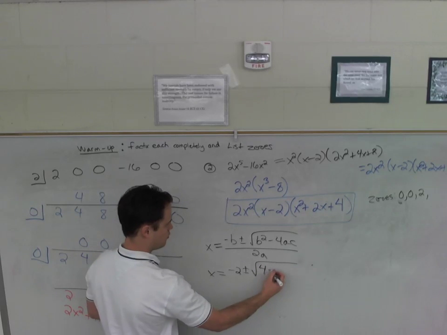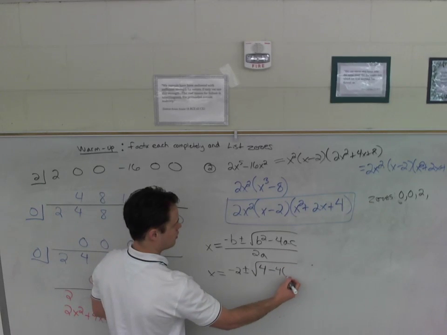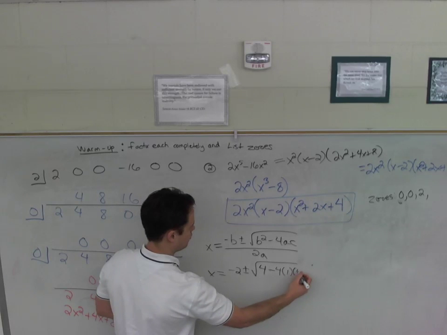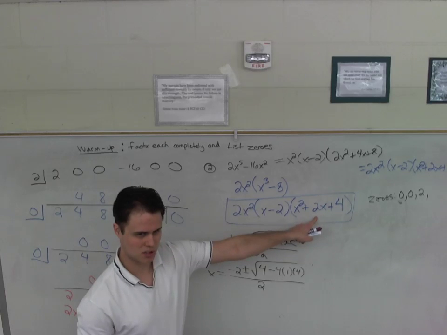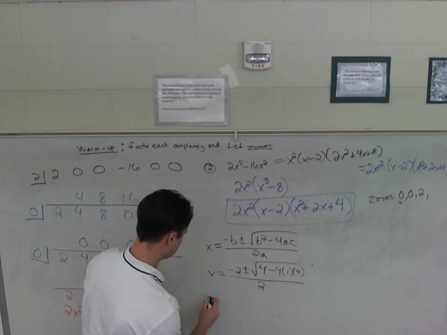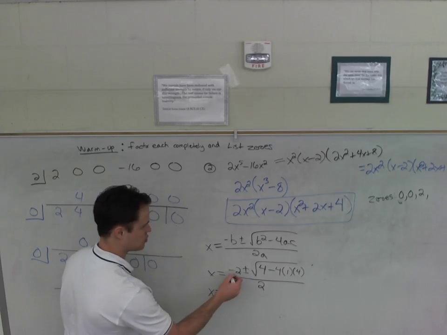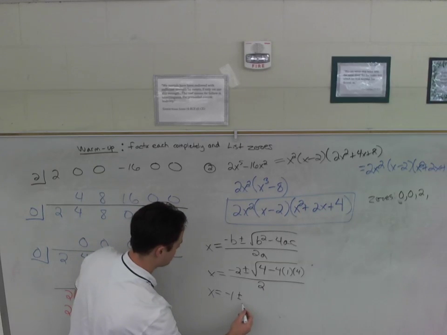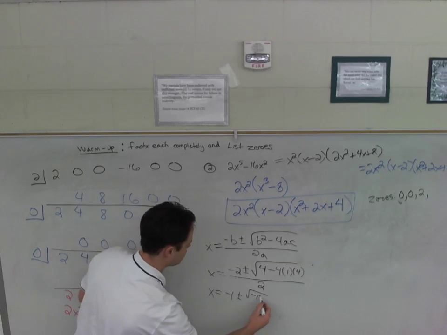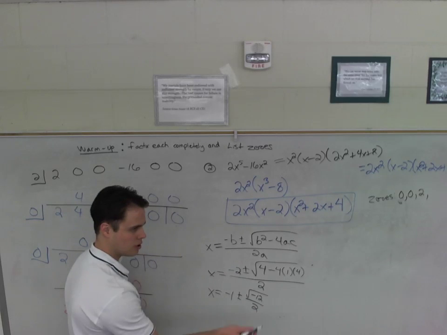Inside we're going to have 4, 1, 4. This looks like yesterday's problem. Oh, that was the same problem as yesterday, wasn't it? I think so. Oh, but this was negative. So anyway, we get negative 1 plus or minus square root of negative 12 over 2. That gives you your i.